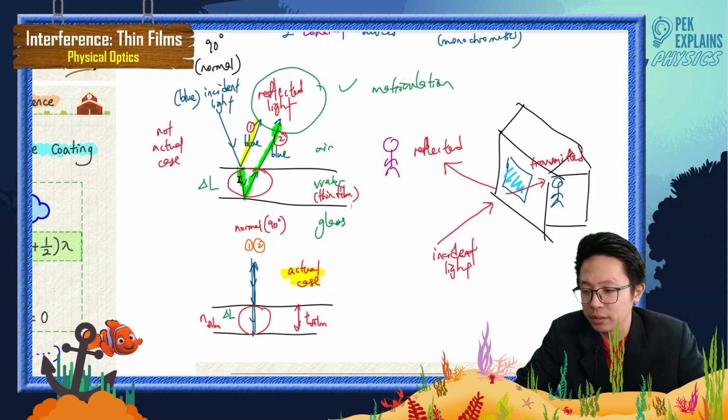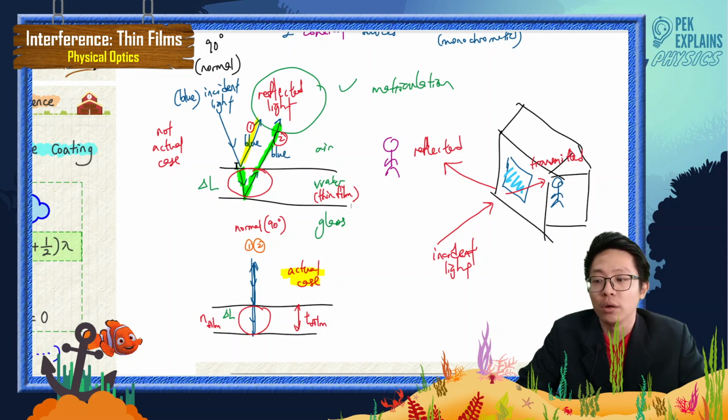So this part is the path difference, the extra distance. You can see the second light goes into the water, through the water, and then out of the water. That is the actual case: the second light goes through one thickness of the thin film, and then another thickness of the thin film, to and fro.